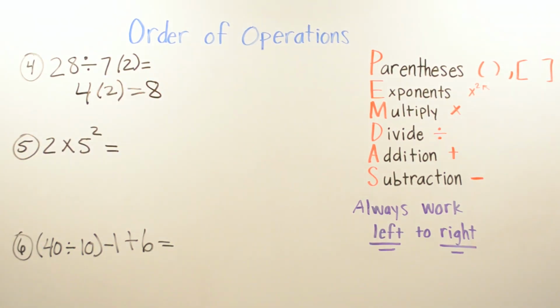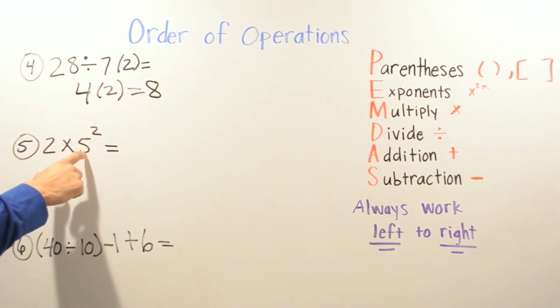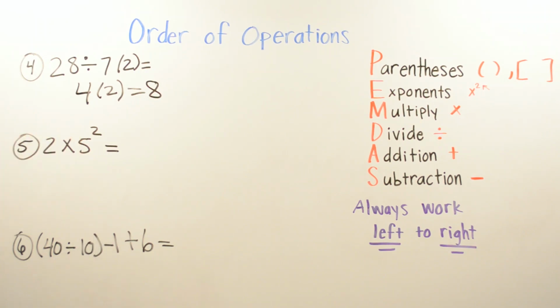Okay, and now for number 5, we have 2 times 5 to the second power, or your exponent is 2. If you're having problems with this, if you're looking at this problem and you're saying, what, 5 to the second, or the exponent is 2, what's going on? Go ahead and look at my last videos where I talked about and gave examples on exponents.